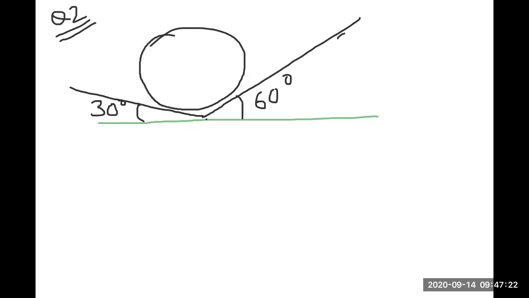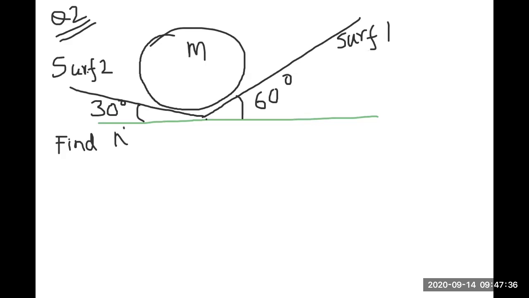So this is surface 1, this is surface 2. Find n1 and n2. And if it is not clear from the diagram, I am telling you that the object is in equilibrium.